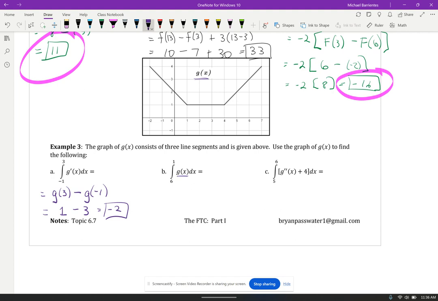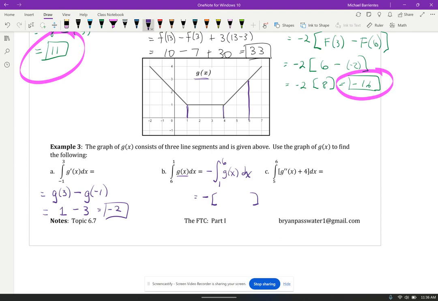I noticed that the bottom limit is the bigger value, so I'm going to go ahead and switch them. Remember, you can switch the limits, but you're going to get the opposite answer. So we're going to find the integral of g of x dx from 1 to 6, remembering that my answer will be the opposite of that because the original setup is from 6 to 1.